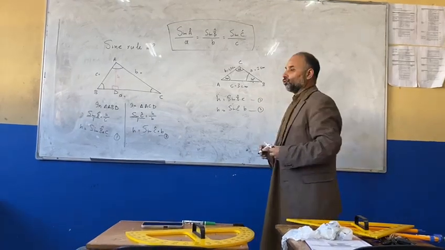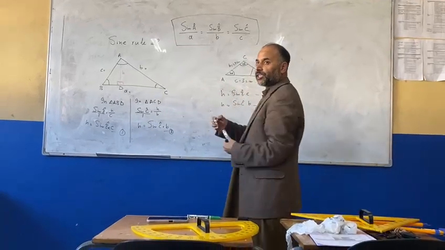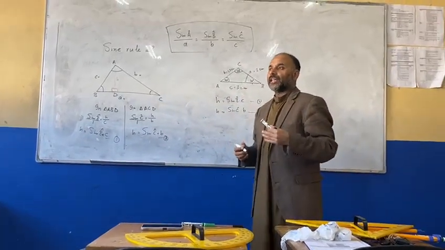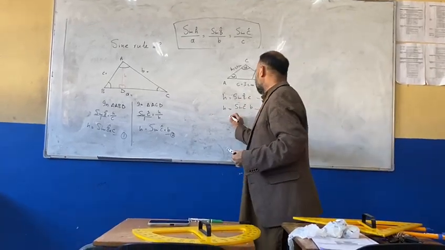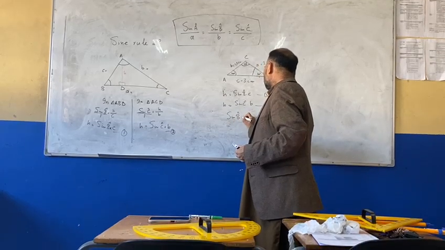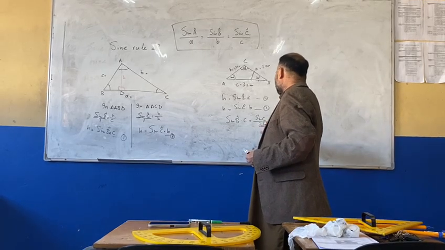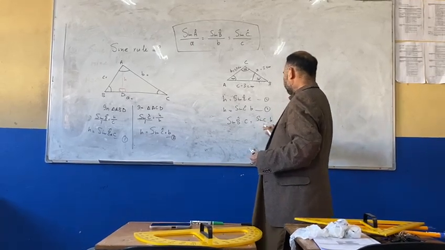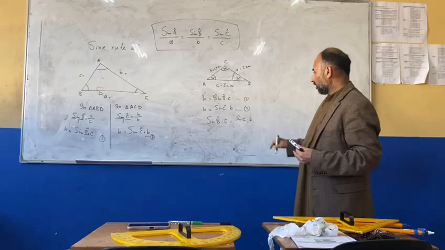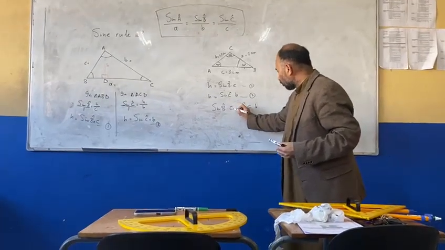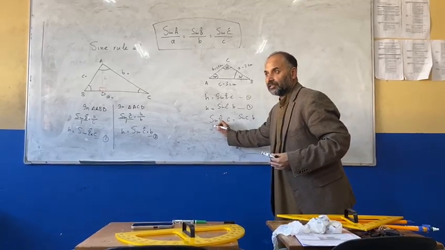You know the algebraic rule. When there are two equations, if their right hand sides are equal, we can equate left hand sides. So can I say sine B times c is equal to sine C times b? I equated these two. Any issue? Guys, I want to shift this c to the other side and this b to the other side. Can I do that?